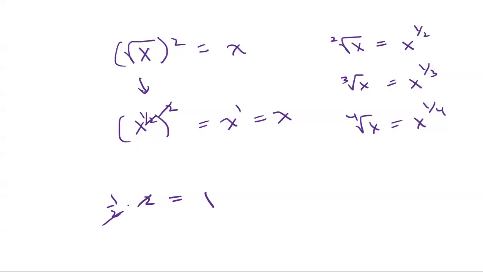That's why it works, because the root will cancel with that power. You give me any root, cubic root of x, I raise that to a power of 3, that's x to the 1/3 raised to the third, that cancels the root and the power, leaving us with x to the 1. That's the reason why it works.